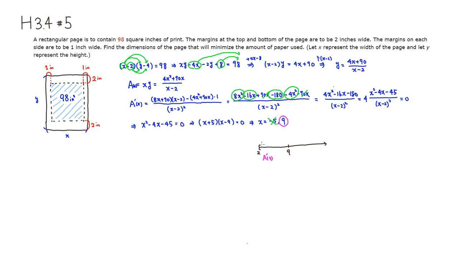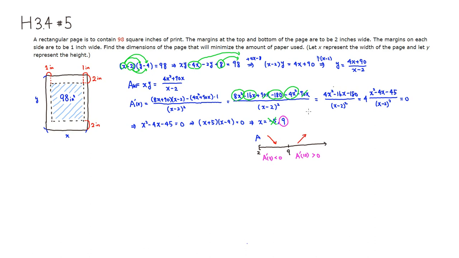If you plug in 3, you can see that the numerator is going to be negative and the denominator is positive, so the derivative is negative. And after 9, we can plug in 10. You can see that 10 plus 5 is positive and 10 minus 9 is positive, so everything is positive. So the derivative is positive. So we know that the area function A is decreasing between 2 and 9, and after that it's always increasing.